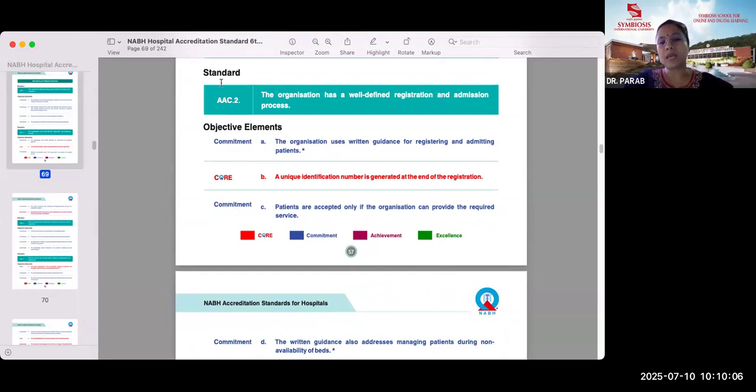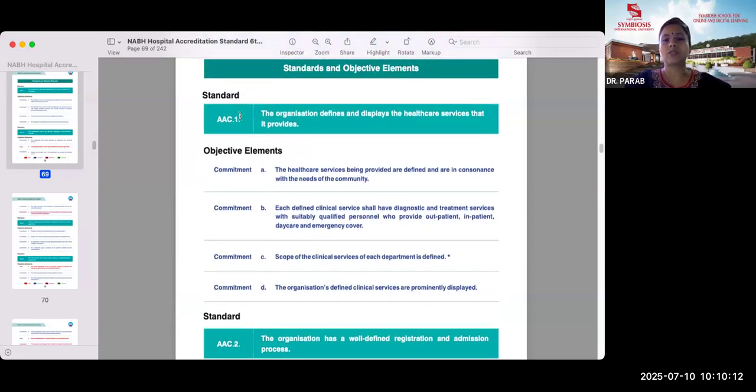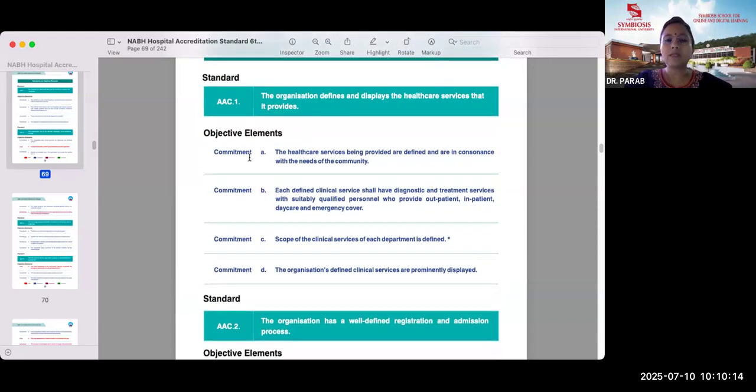So for example, this AAC2, this is a standard which is highlighted within a box. Okay, this is a standard. So this is AAC1. And these in small letters A, B, C, D, these are objective elements. So within a standard, I'm sorry, within a standard, you have objective elements.